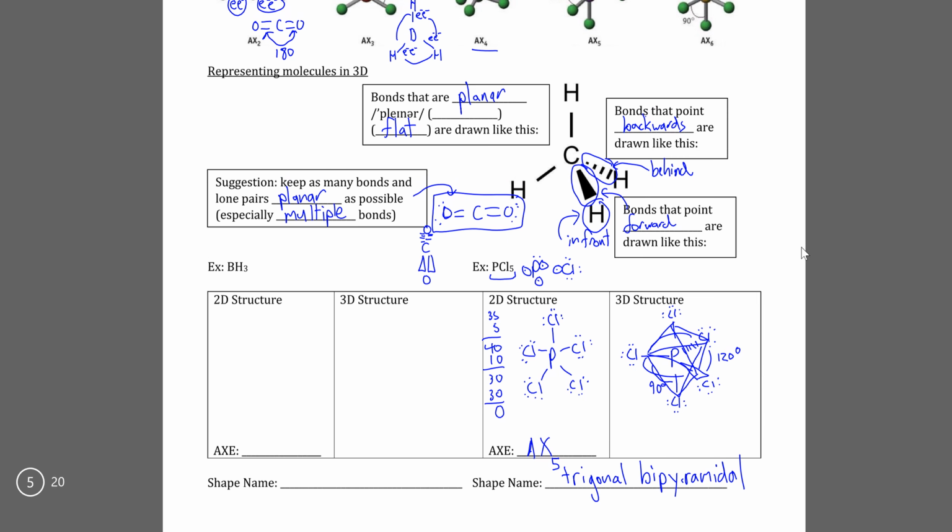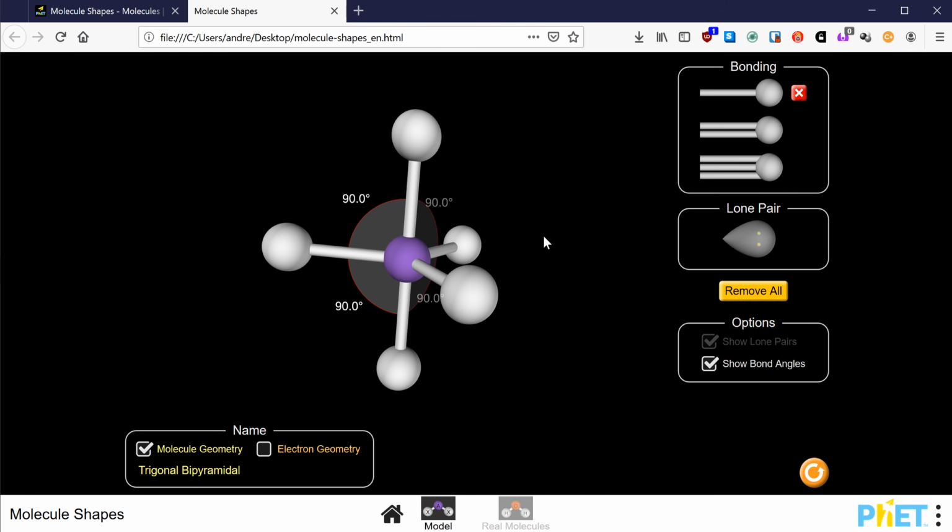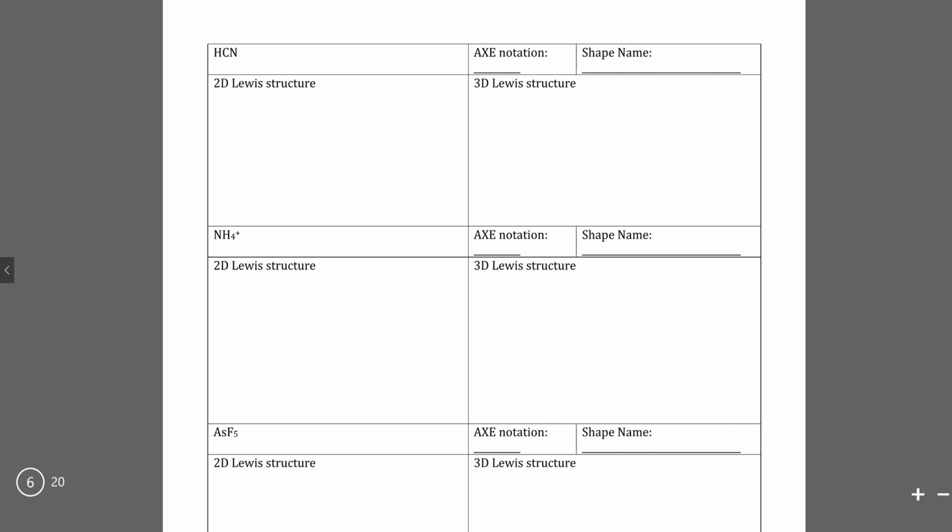Before the next video, what you can do is practice: number one, making sure that you can draw the 2D representations of all of the different molecules listed as practice problems, figure out what the AXE notation was, and use the molecular shape simulator here in order to construct the geometry, and then use the geometry that you can see in order to accurately draw what the 3D representation of that molecule is, as well as start learning the shape names for the molecular geometries.